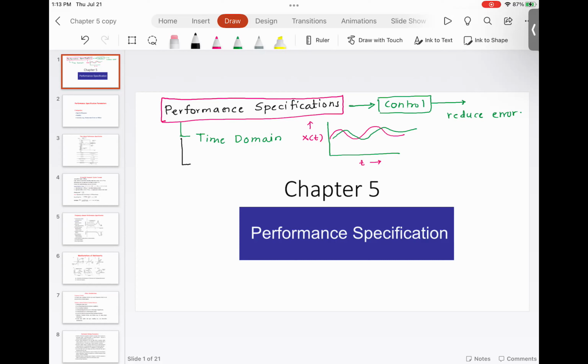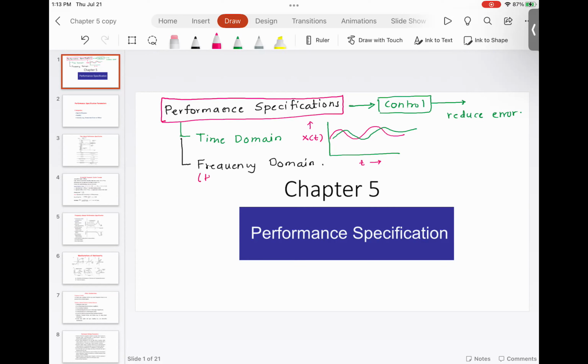Second thing is in frequency domain. Now what do we mean by frequency domain? In frequency domain, we try to understand how does the system respond to input of varying frequency. And this is a very important distinction.